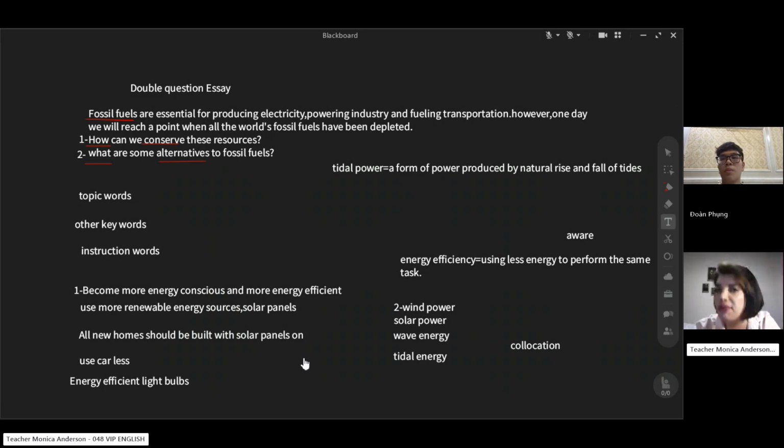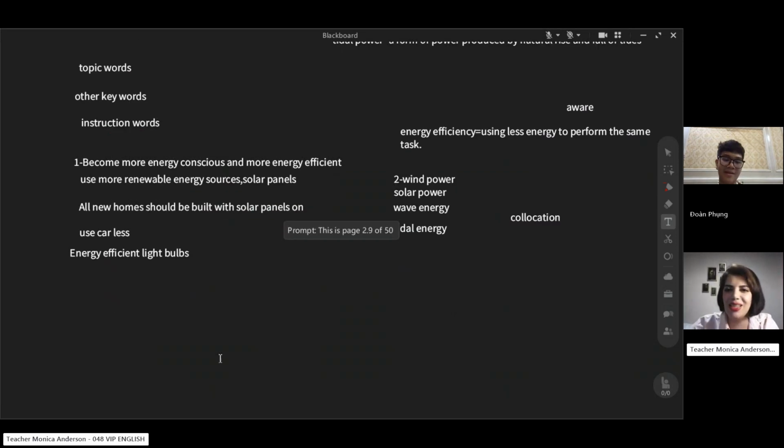We have 7 types of collocations: noun and noun, adjective and noun, noun and verb, verb and noun, adverb and adjective, verb and adverb, and verb and preposition, or prepositional phrases like phrasal verbs. Let me write them. Okay, let's discuss.